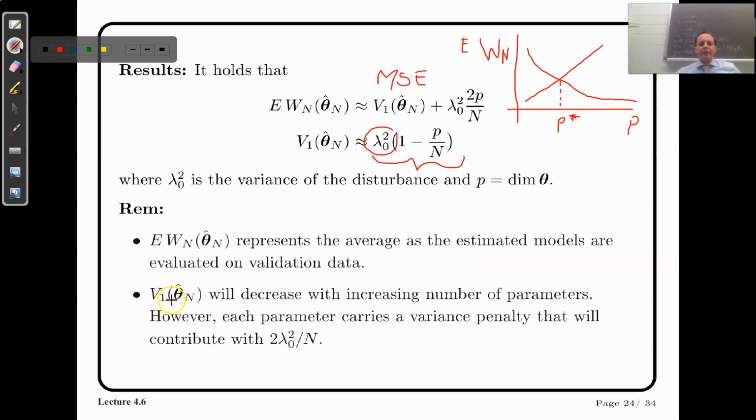This function V1 will decrease with increasing number of parameters, as is shown here. However, each parameter carries a variance penalty that will contribute with 2 multiplied by the variance of the noise divided by the number of data. So it's increasing.